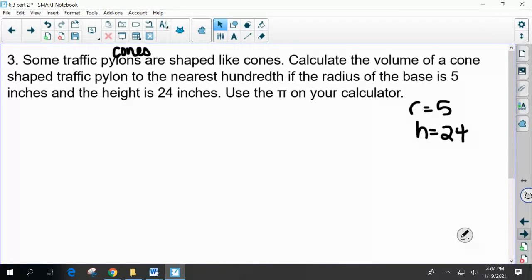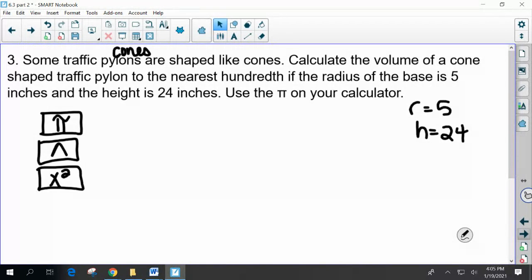The pi button is located on most calculators right above the caret or the upside down V. You're going to see a button that has x squared, then a button that has the upside down V, and then a button that has pi. You're going to want to use that button instead of 3.14. If you use 3.14, you're going to get a completely different answer.